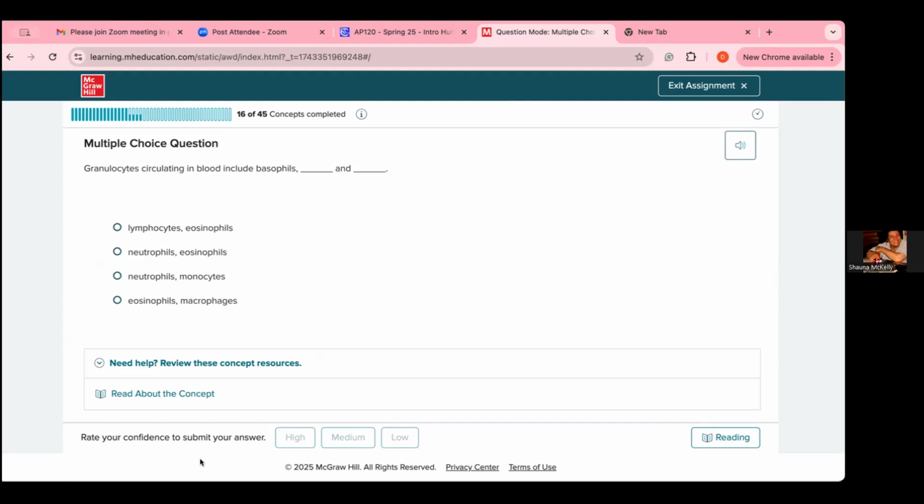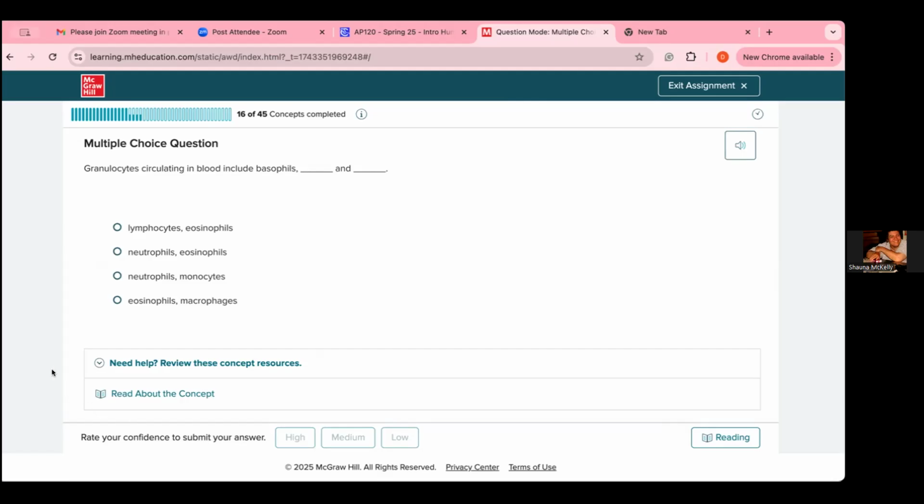Basophils, eosinophils, and neutrophils. So that's the second one. Neutrophils and eosinophils.